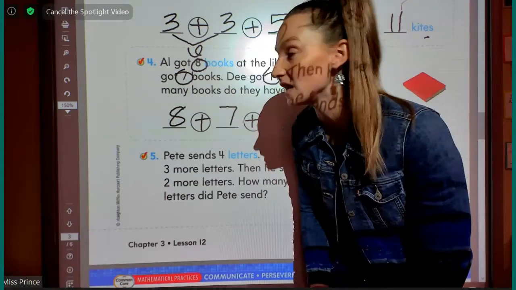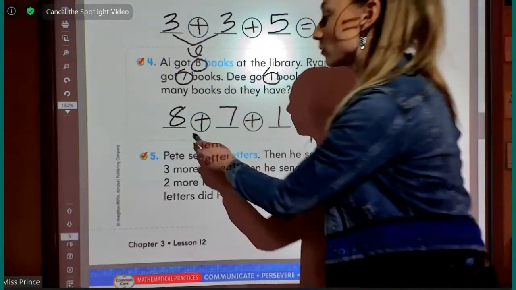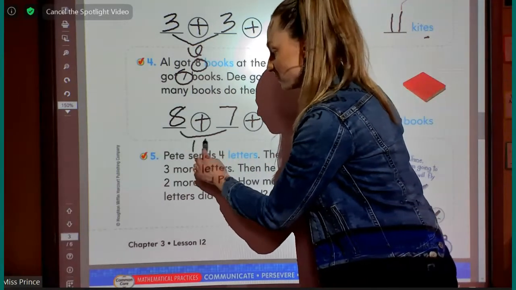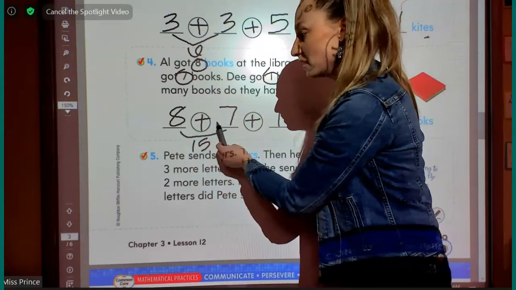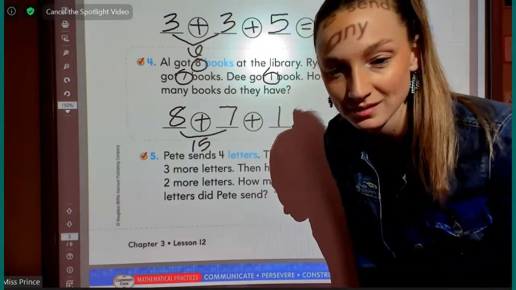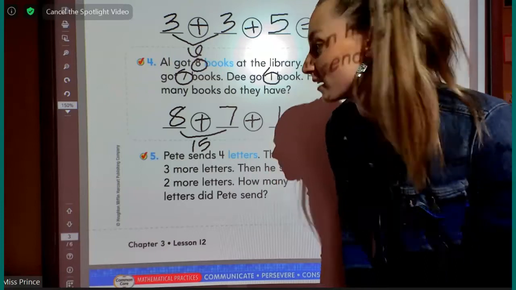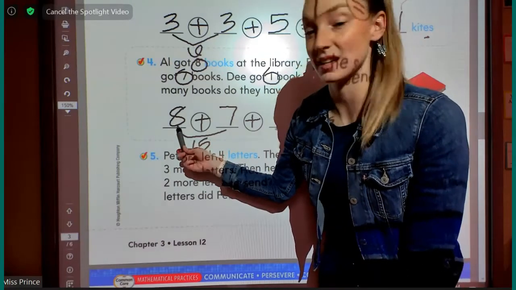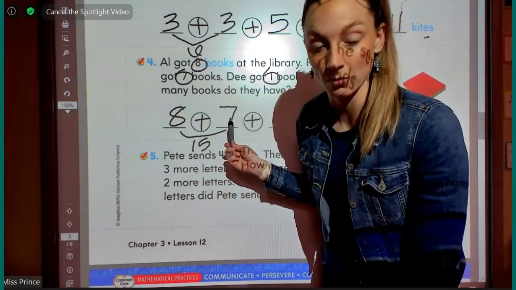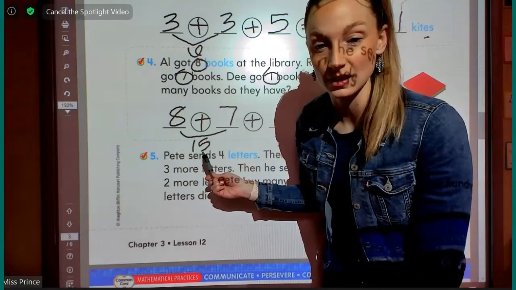Nice job. So Zayden said 8 plus 7 is 15. Did you do a double minus 1? Yeah. Because we could say 8 plus 8 is 16. Take away 1 is 15.